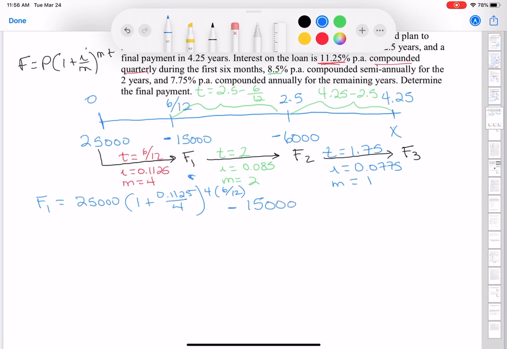All right, so we can find what future value one is. And then we can subtract off the $15,000 payment for $11,426 and a bunch of change.